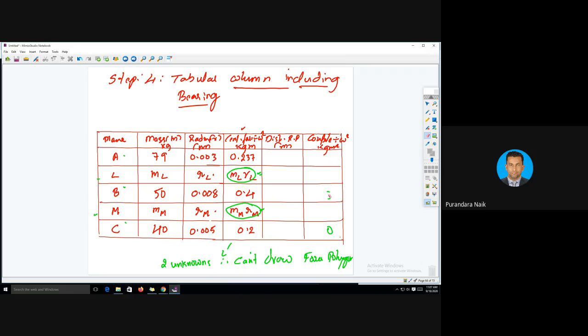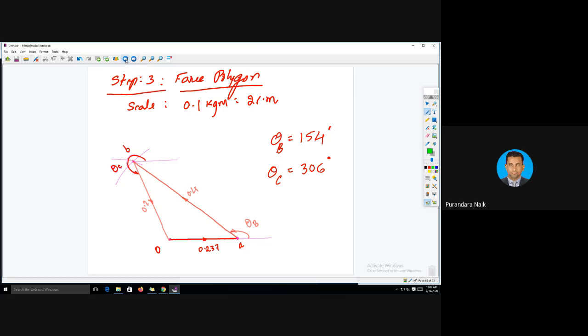I will select L as a reference plane. Okay, so go to the previous figure.